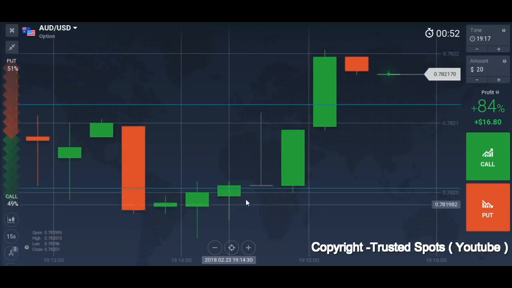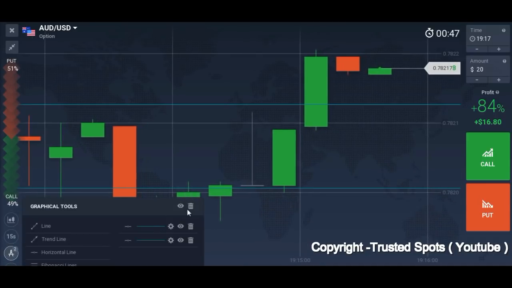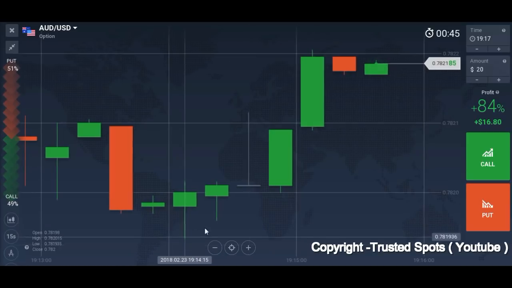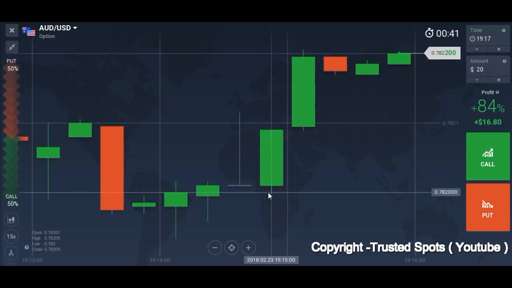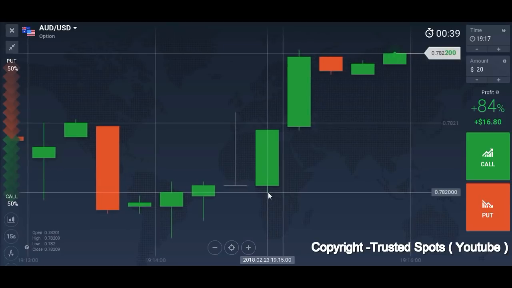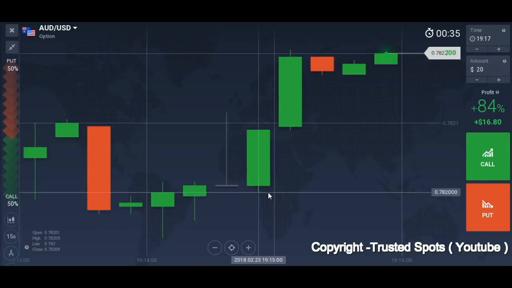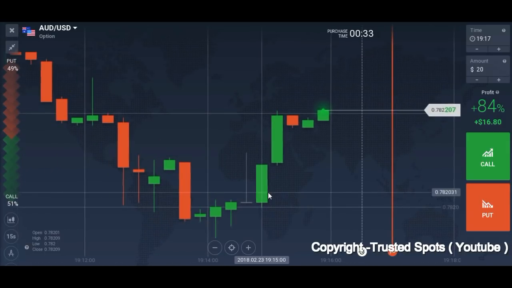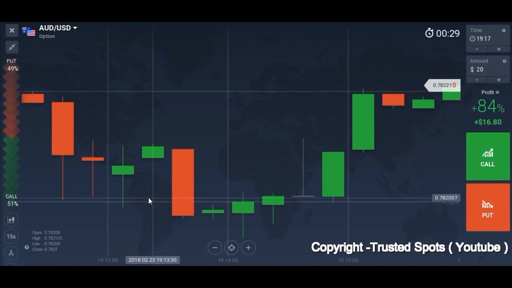Let me explain one more concept for why I placed this trade here. Let me first remove the line. If you look carefully, this particular level is 0.782000, which is a whole number, and as I always explain, whole numbers are very strong when it comes to support and resistance, and this particular whole number is supporting the market.